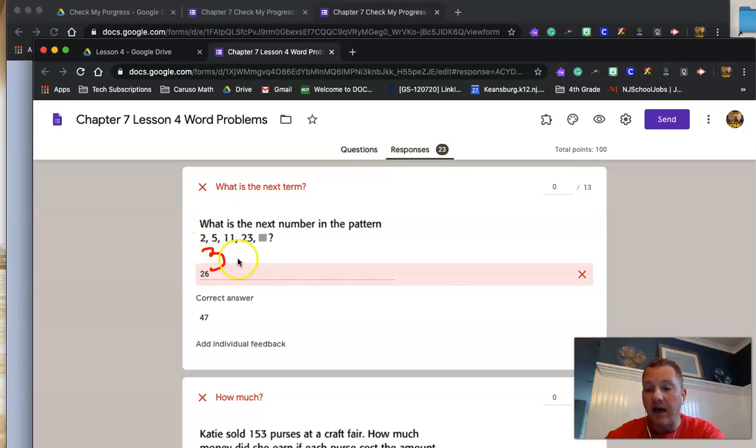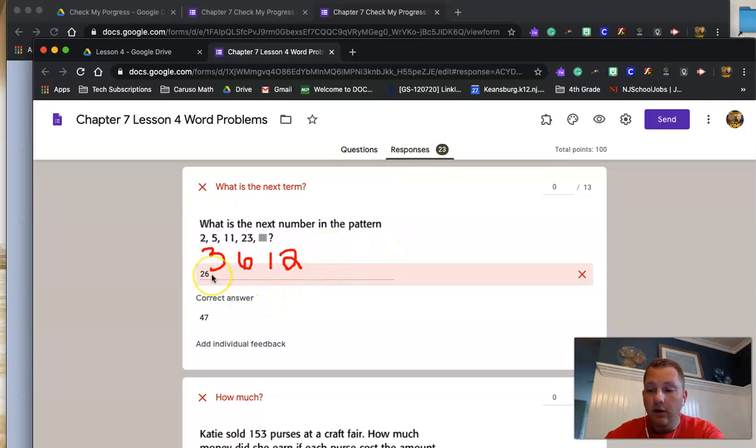The difference between 5 and 11 is 6. I subtracted 2 from 5, I got 3. 5 from 11, I got 6. 11 from 23, I got 12. All right, and then I keep on going forward with this.